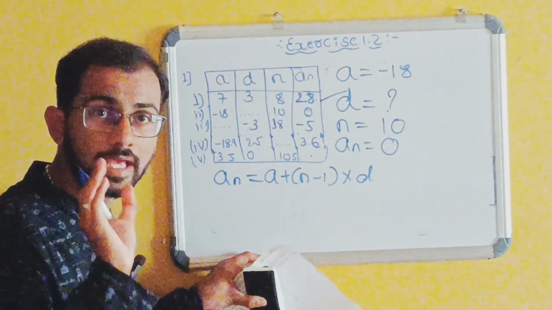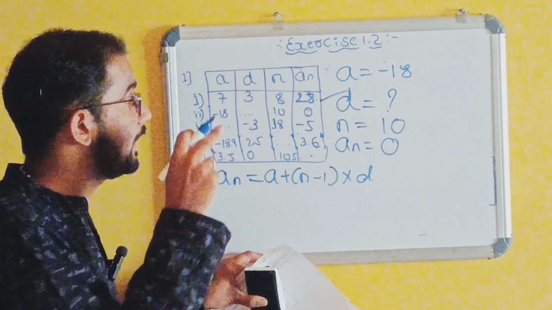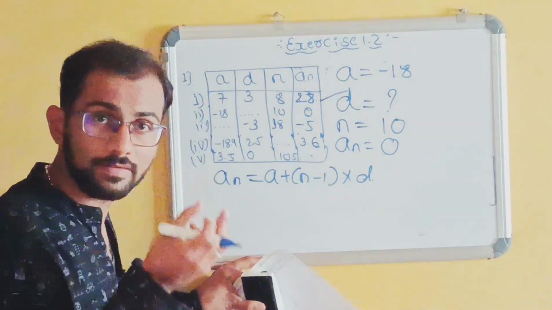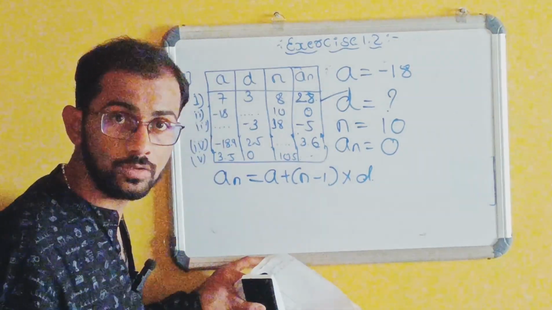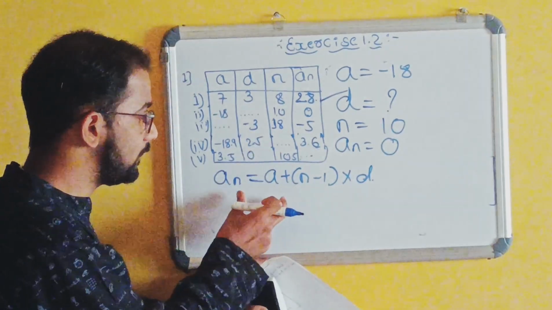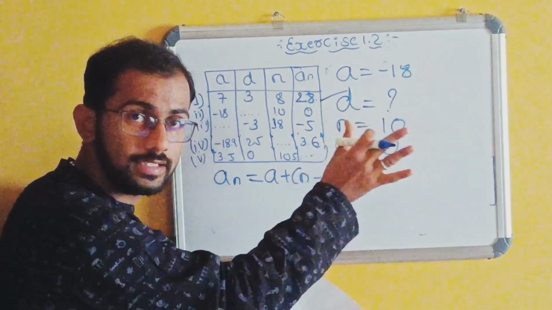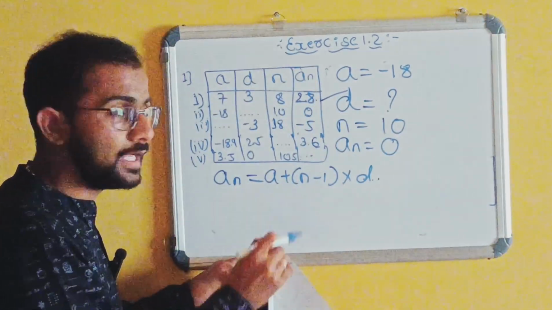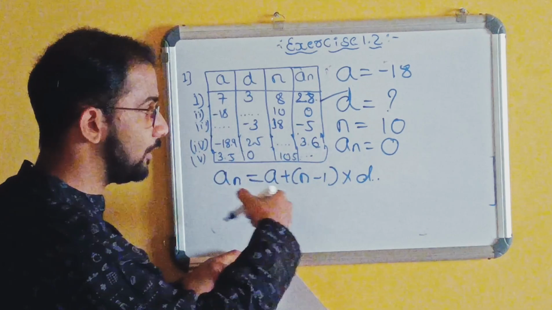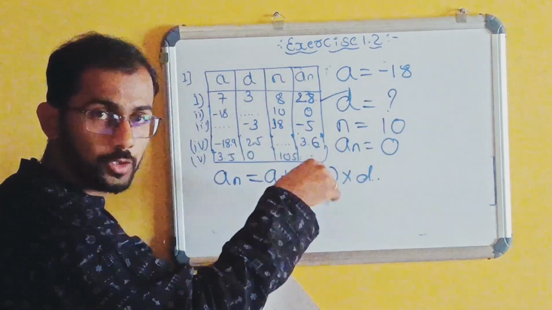So whenever you need to calculate D, n, A or An, whatever they might ask you to find, you only need to consider the formula An is equal to A plus n minus 1 into D. This formula is fixed. Now substitute the values given in this formula.